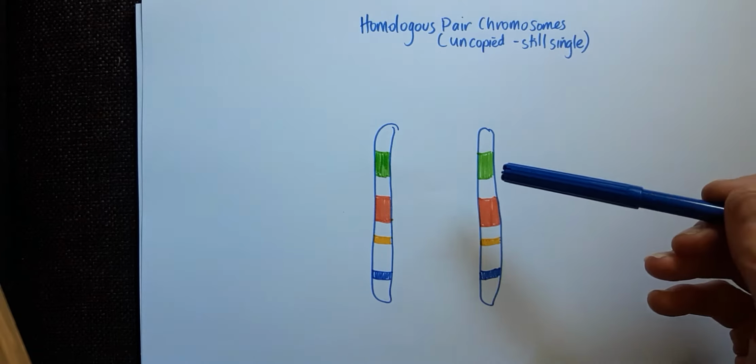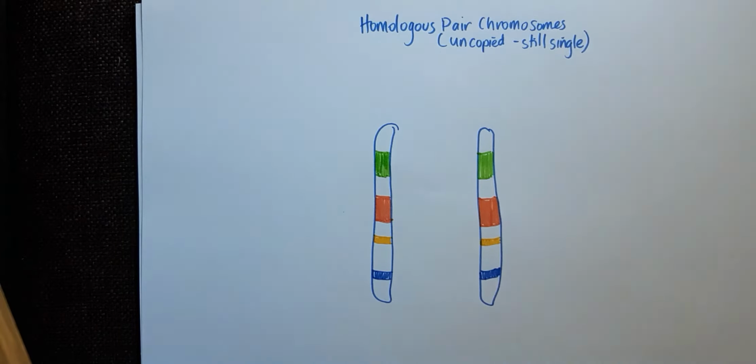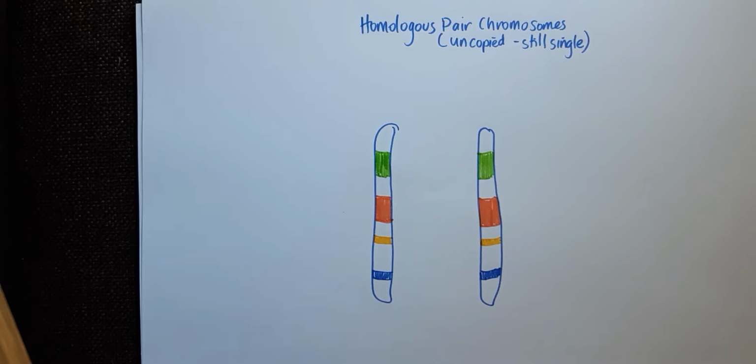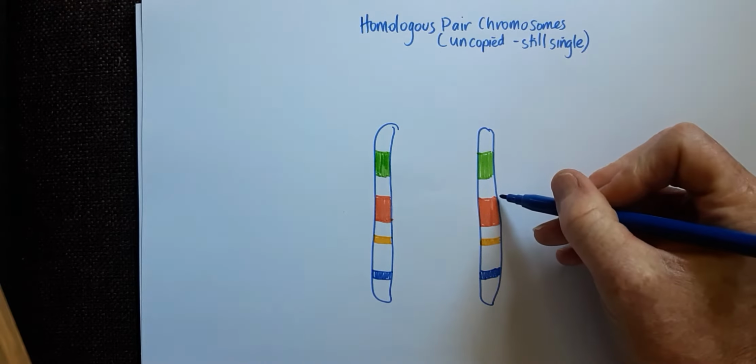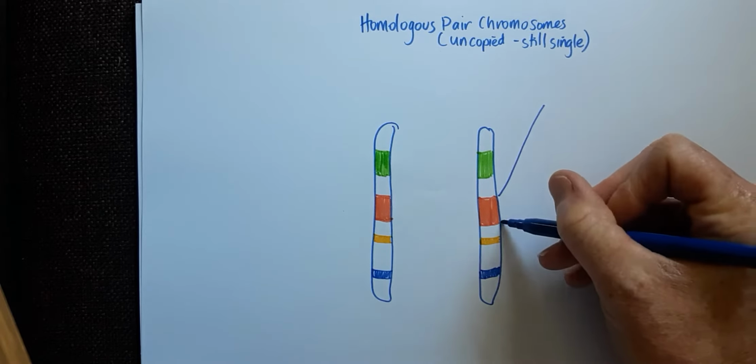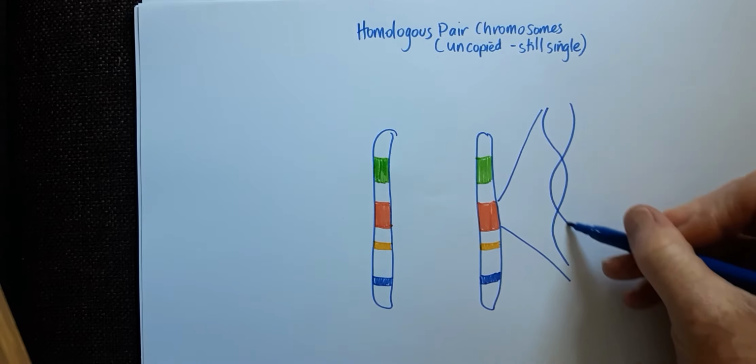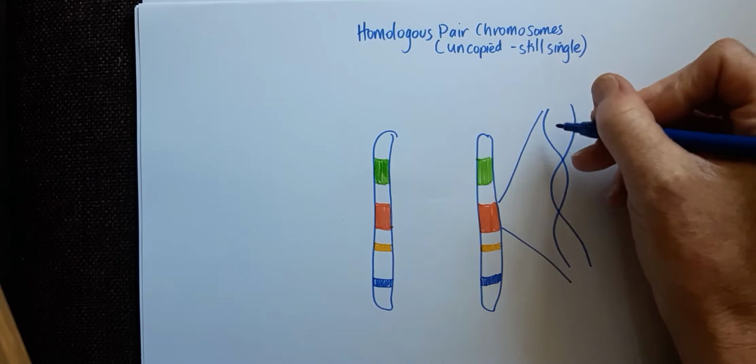So within each of those, if you remember back, the chromosome is just coiled up DNA. So if we have a closer look at one of these genes, we'll have a wee look and we pull it apart and have a look at its DNA, uncoil it a little bit.